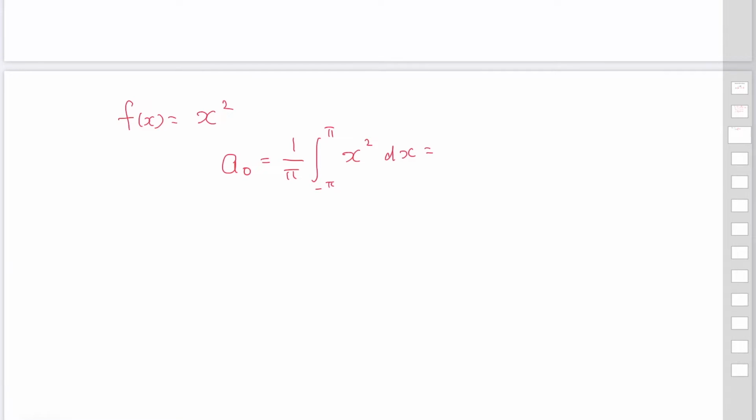So it becomes 2 over 3 pi squared. And a sub n we can calculate as 1 over pi, integral from minus pi to pi of x squared cosine nx dx.